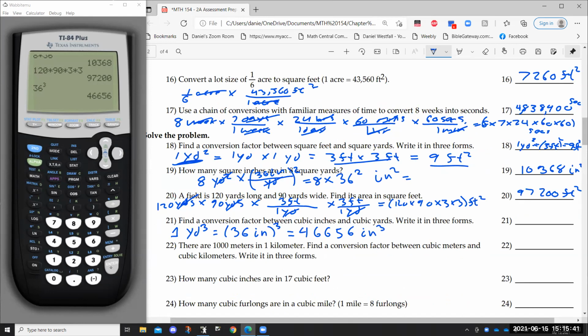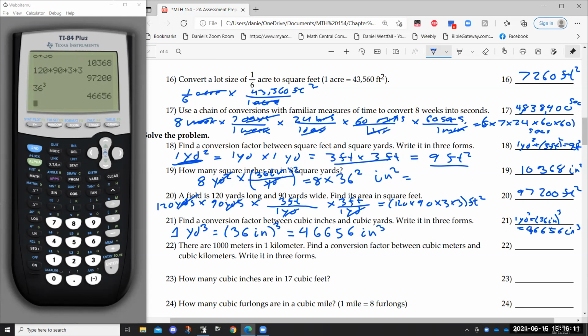This one is going to be 1 cubic yard is equal to 36 inches cubed is equal to 46,656 cubic inches.